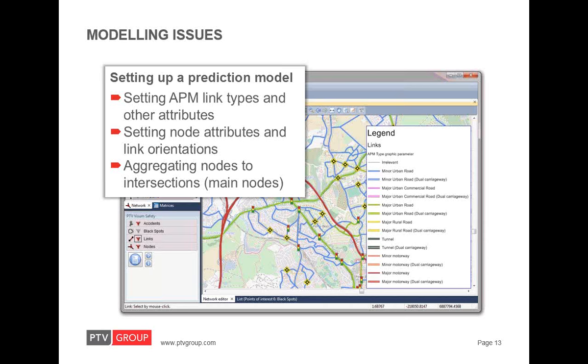Then I'll show you what attributes you have to look out for if you use this Swiss model at least. And I'll show you another thing typical for very detailed networks: if you have one intersection which in your model is made up of more than one node. All right, so let's have a look at this.